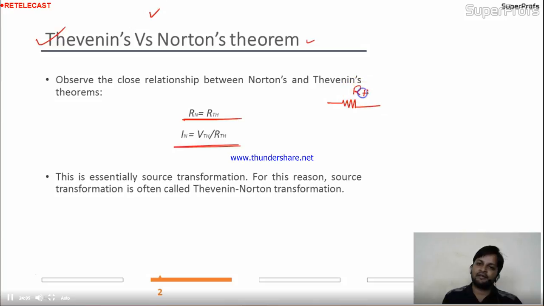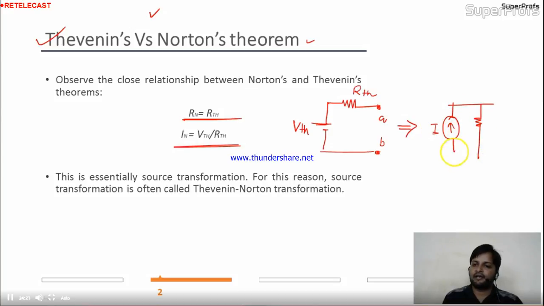Just find the Thevenin equivalent circuit across terminals A and B. This is VTH, and just transform it into a current source with parallel resistance, with terminals A and B as they are. This is RTH. What about this IN? This IN is nothing but VTH by RTH.